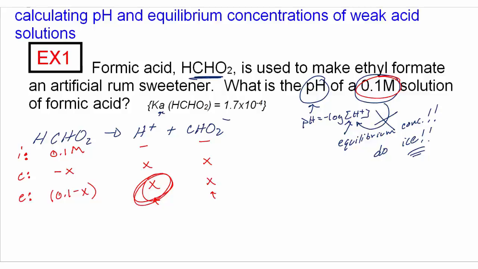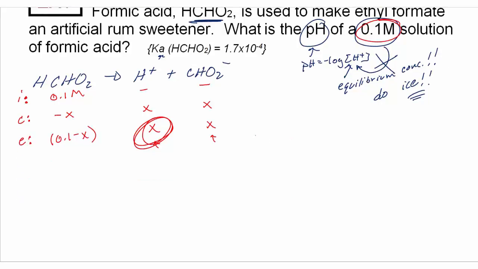How are we going to find it? Substitute into the Ka expression. So let's see what that's going to look like. Ka is equal to products over reactants. Hydrogen ion, conjugate base concentration, all over the concentration of the weak acid, HCHO2.